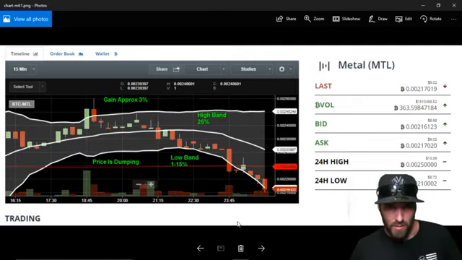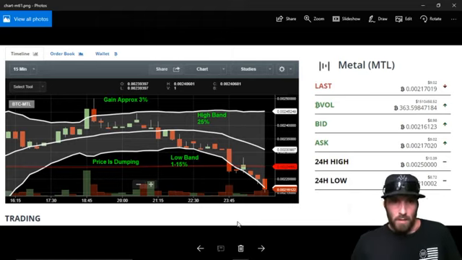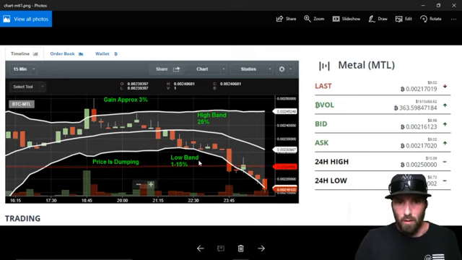Metal. You can see metal is starting to dump. The price is starting to go down. It just moved below the 200-day moving average. So if you want to buy, you're going to set your low band low, 1 to 15%, because you can see it's right along that low band. So you want to buy at the lowest price possible.